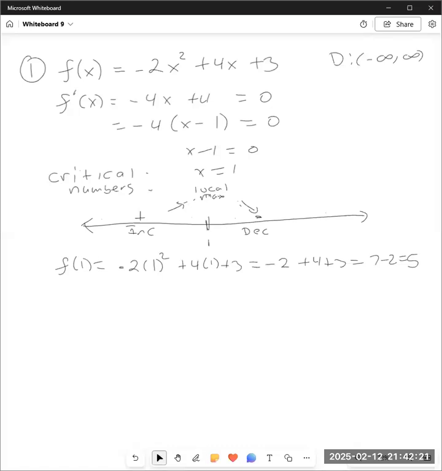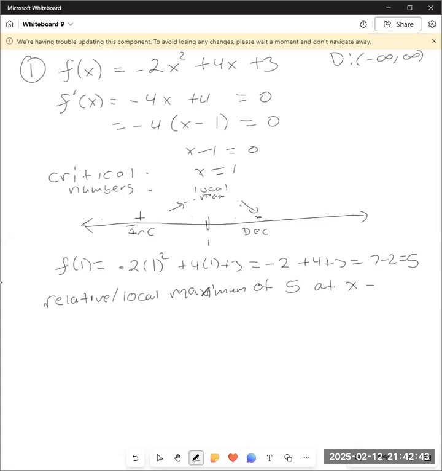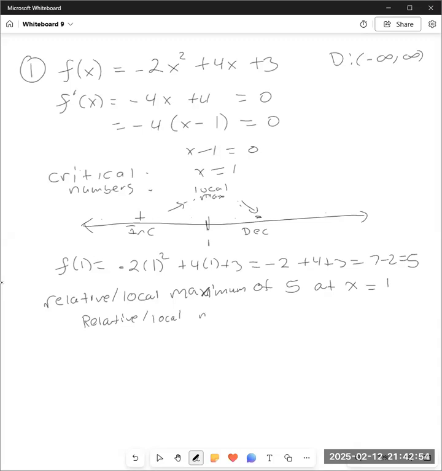So there is a relative or local maximum of the y value 5 at x equals 1, but we really shorthand that most of the time and just say there's a relative or local max, and then we'll give the x coordinate and the y coordinate.